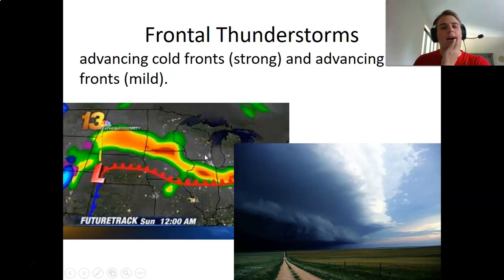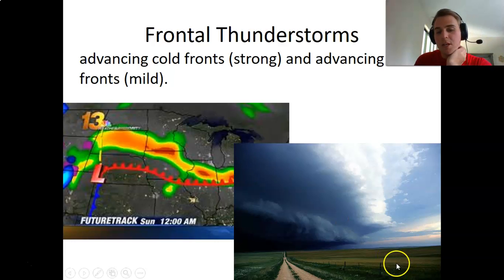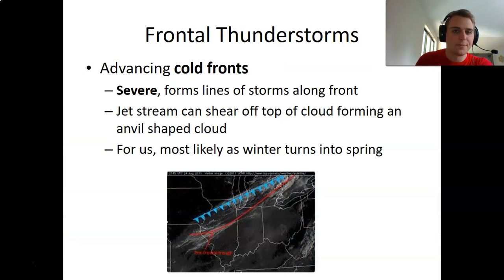This is because of what we've talked about before, that as warm air gets pushed up over cold air, you're going to see a big accumulation of moisture, and then that can cause cloud formation, which causes thunderstorms, which we see here. I love this picture. It's so good. If you ever see this huge, massive cloud just rolling in, this is a front. This is a frontal thunderstorm that's happening. It's beautiful. I love that picture.